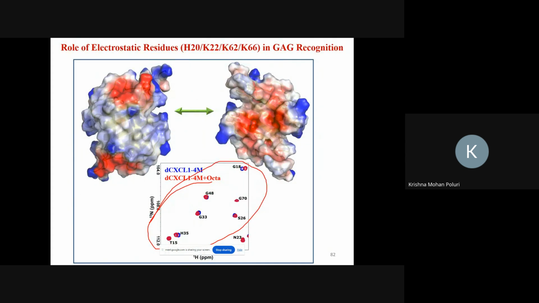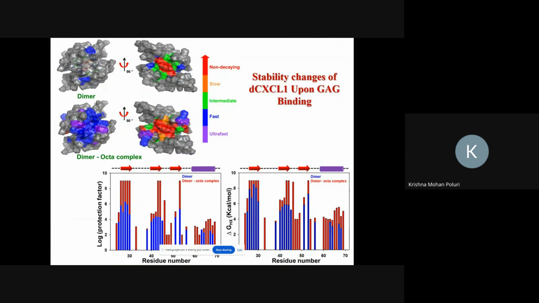Not only can you tell they are binding to the helix, you can actually measure, as I told you, the thermodynamics of the protein. So how much delta G is actually gained by binding.